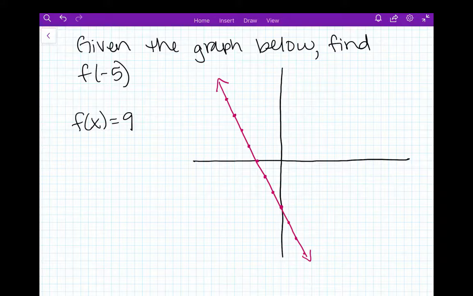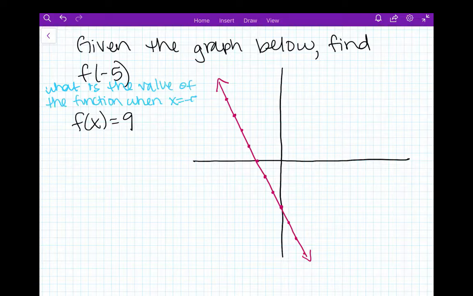In this example, we're given a graph, we're given a function on the graph, and we have to find f of negative 5 and f of x equals 9. So f of negative 5, what does this mean? This means what is the value of the function when x equals negative 5? So I'm going to go on the x-axis to negative 5, 1, 2, 3, 4, 5.